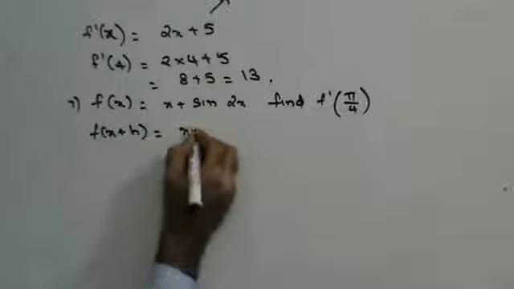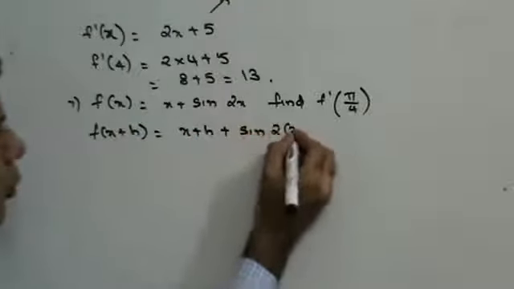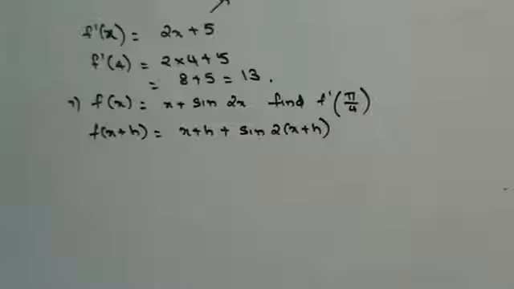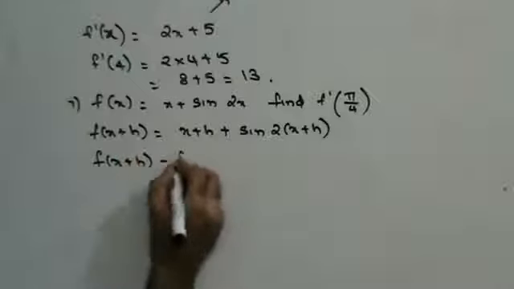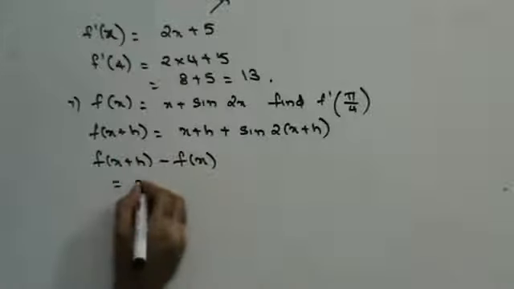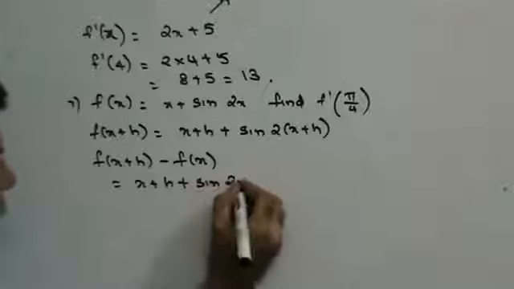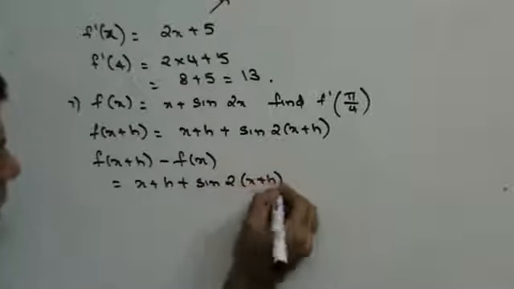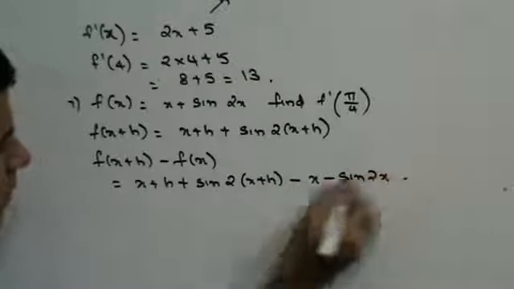This is going to be x plus h plus sine 2(x plus h). Let's find f of x plus h minus f of x. This is nothing but x plus h plus sine 2(x plus h) minus x minus sine 2x.